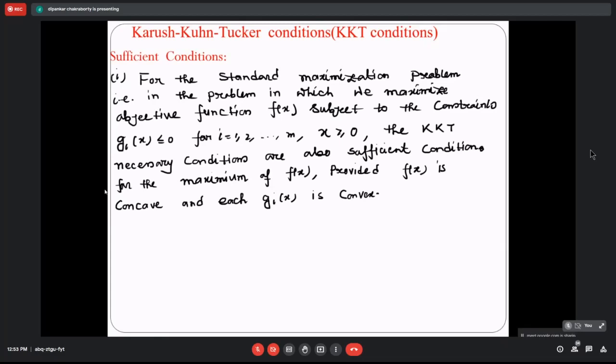Because if you do not understand this, it will be difficult for you to solve the problem. Is it okay to you?